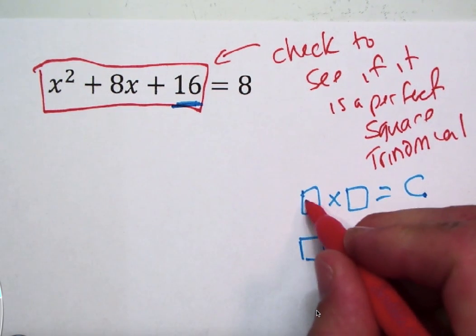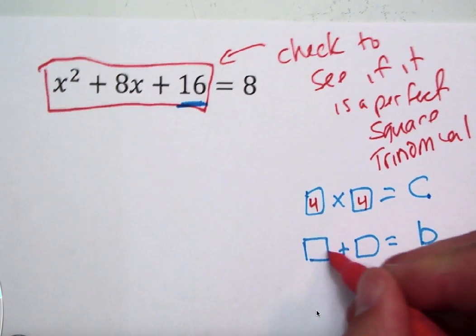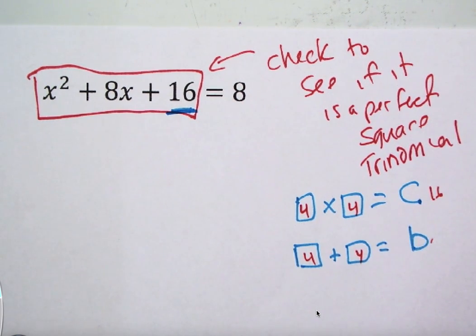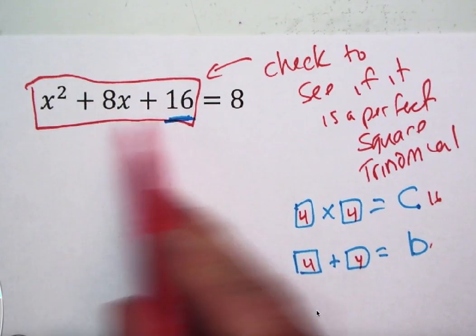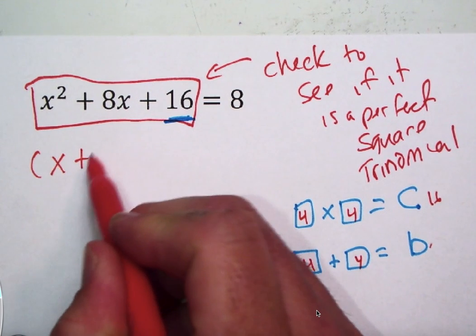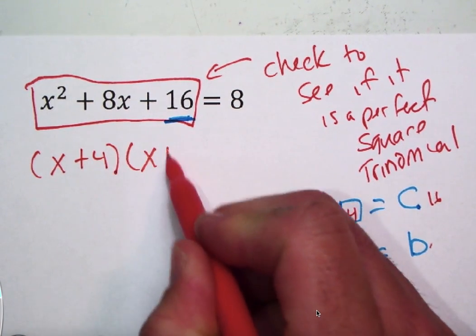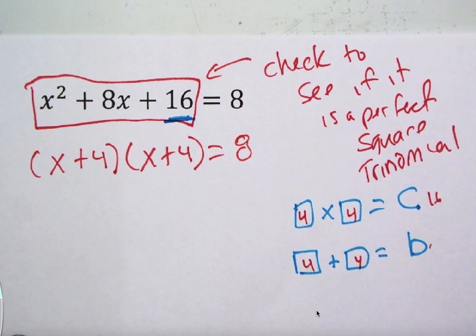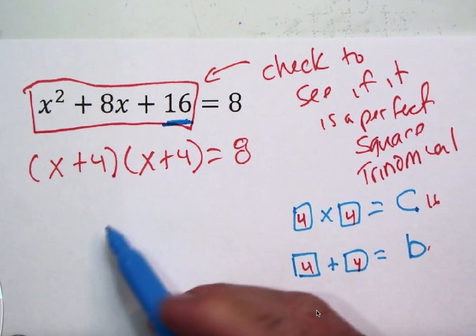And everyone should see that 4 times 4 and 4 plus 4 get our two answers. So since this is a perfect square, and we know that 4 and 4 works, I can go like this. Multiplies to 16, adds to 8, 4 and 4, x squared.